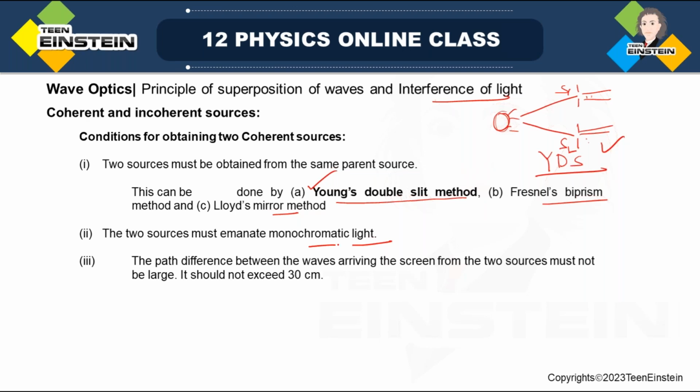Chrome means color, so monochromatic means one color, one wavelength, the same wavelength. Light waves treated as coherent sources will have the same wavelength. Then the path difference between the waves arriving at the screen from the two sources must not be large.